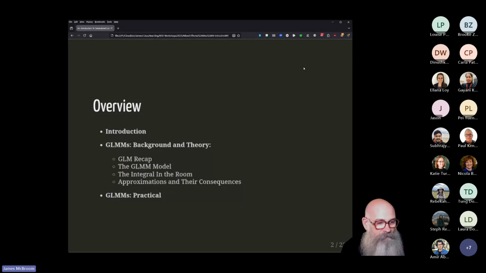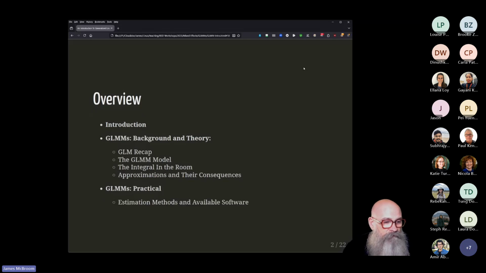And that will leave us then to talk about some practical aspects of implementing GLMMs in data analysis. In particular, what are the various estimation methods available to you and in which software they exist, or which software uses which type of estimation method.